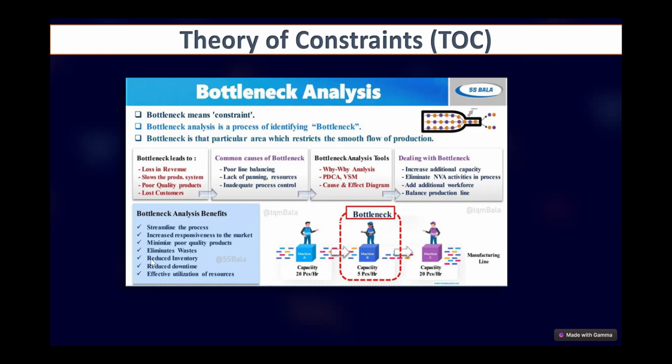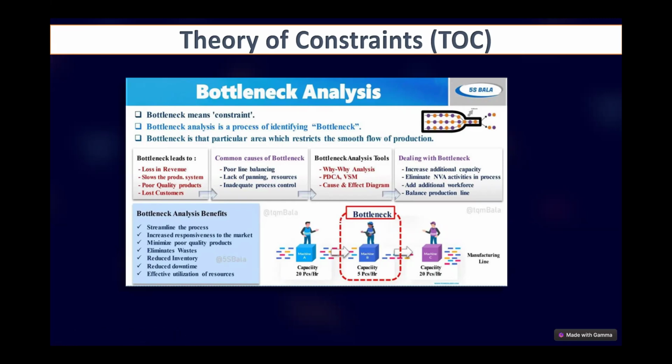Here the capacity is 20 and here the capacity is 20, but in between there is one particular process where my capacity is only 5. So in that scenario, what will happen? I am not able to deliver the 20 per hour as per my recommendation.